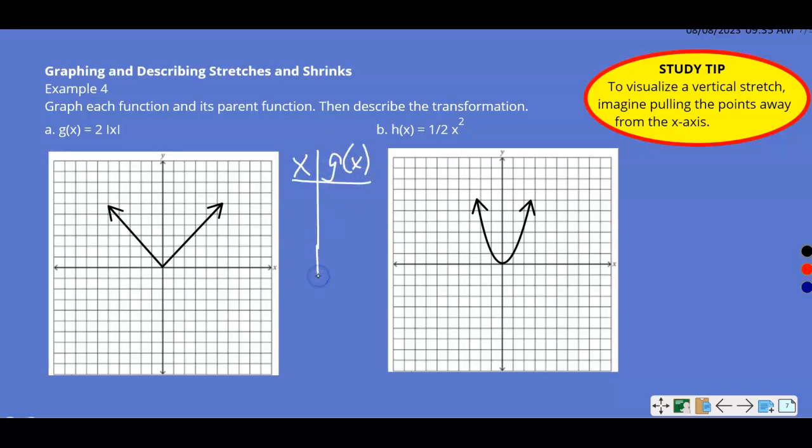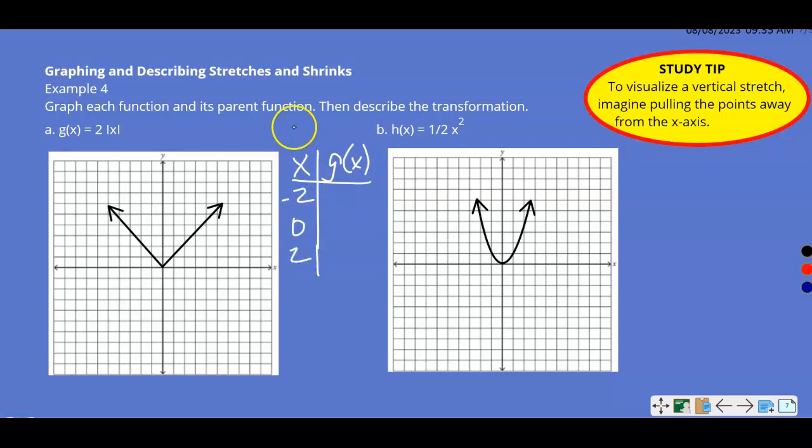Again, we're just going to pick a couple negatives, so -1, 0, and 1. We could even pick -2 if we wanted, just to get the points a little bit further away from the graph we already have there. So let's choose -2, 0, and 2.